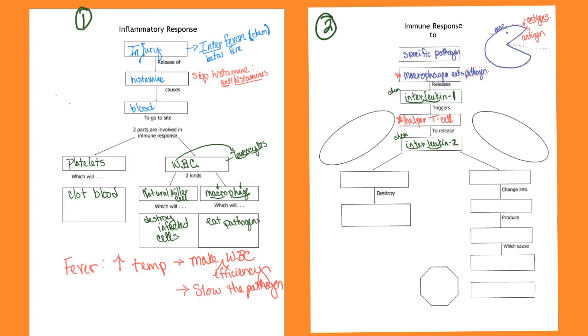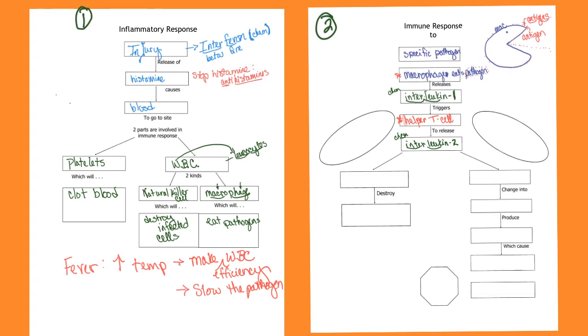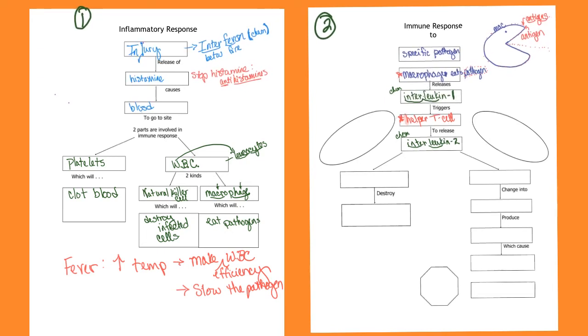So the macrophage eats a pathogen, and when it does that, those stick to the outside of it. And on the outside of it, antigens are now stuck. The macrophage releases interleukin 1, and that interleukin 1 travels to the helper T cell.